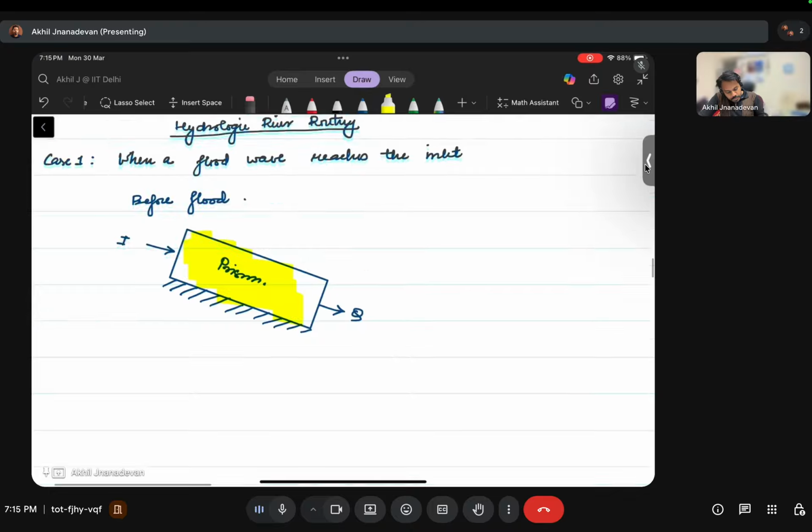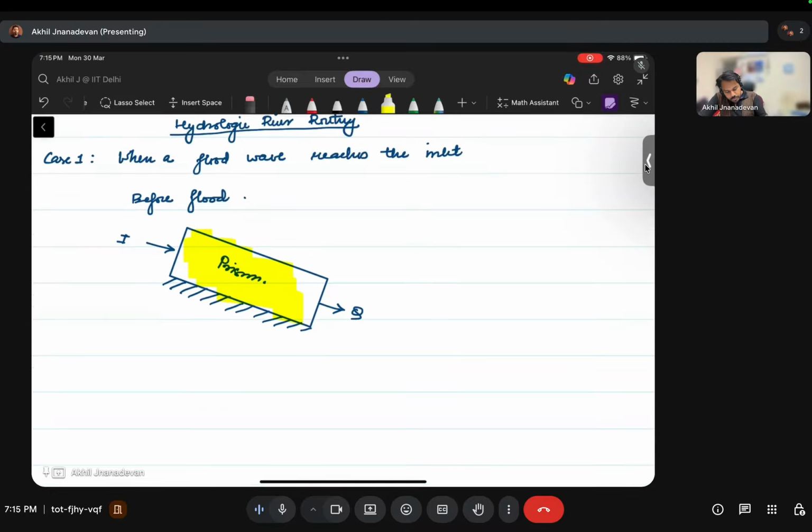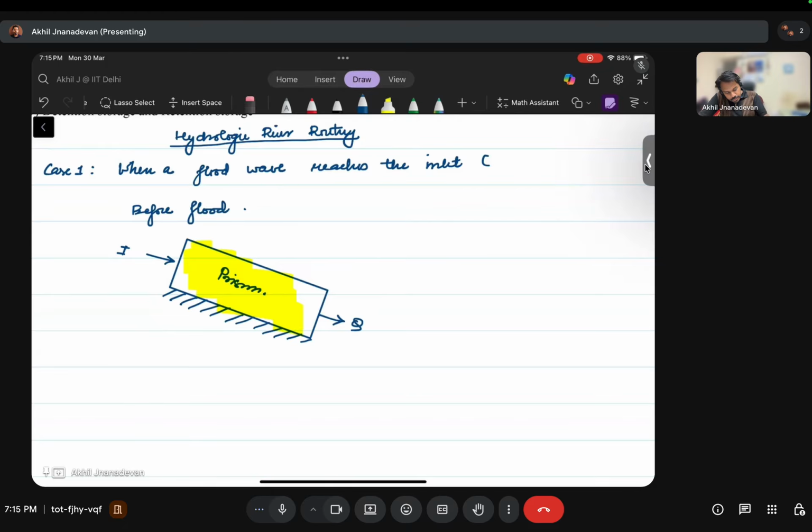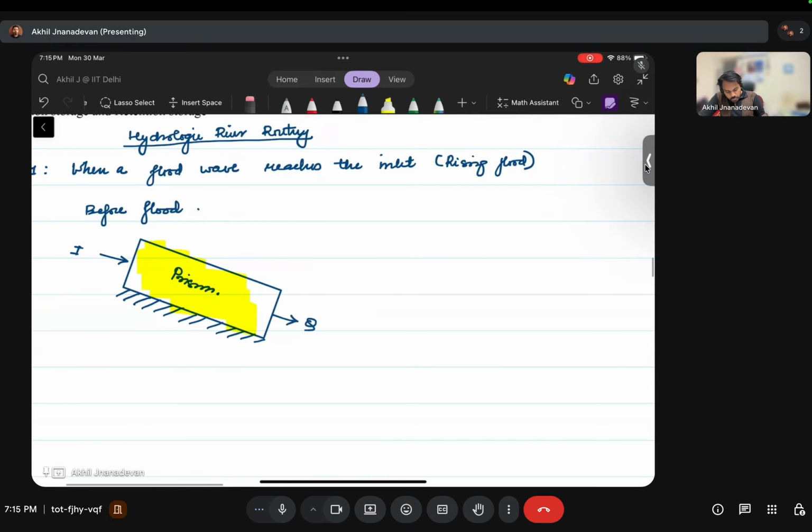And when the flood reaches the inlet, that is a rising flood is coming, then what we'll be getting is something of this sort, and we have a storage like this.